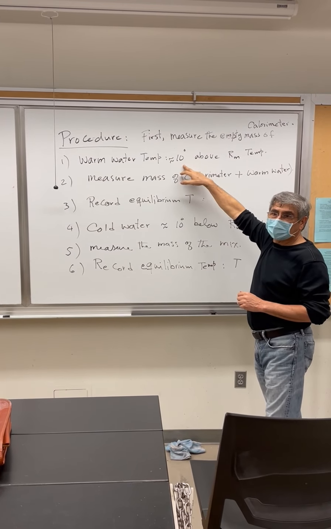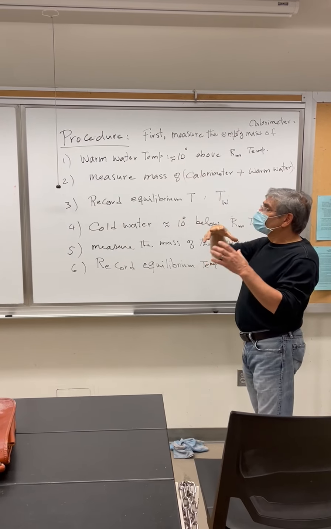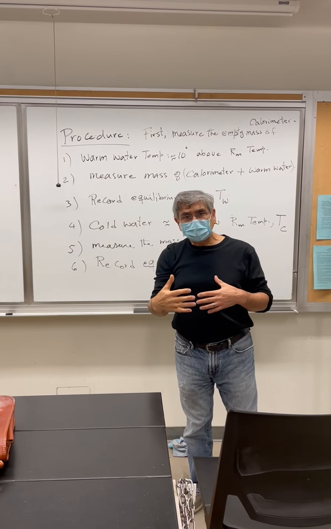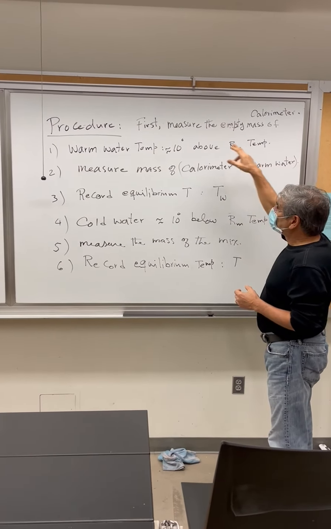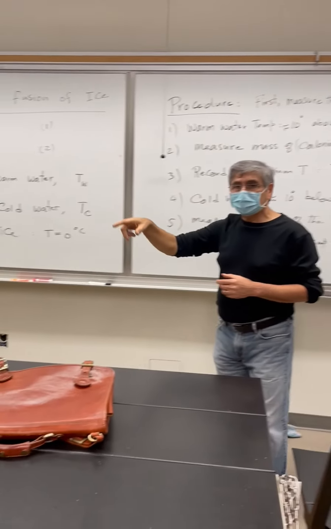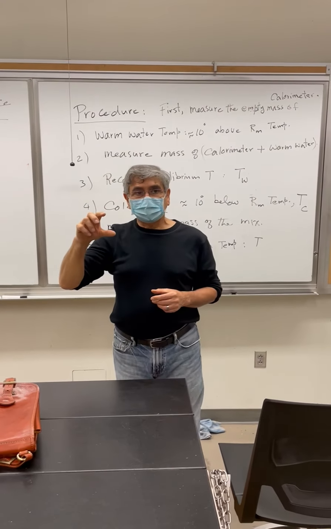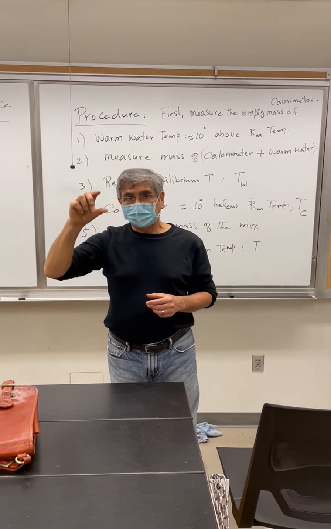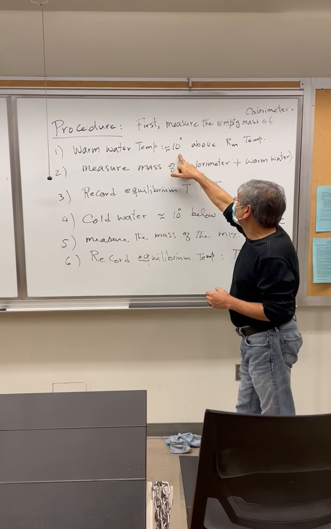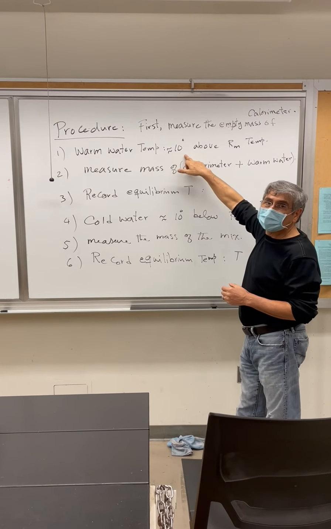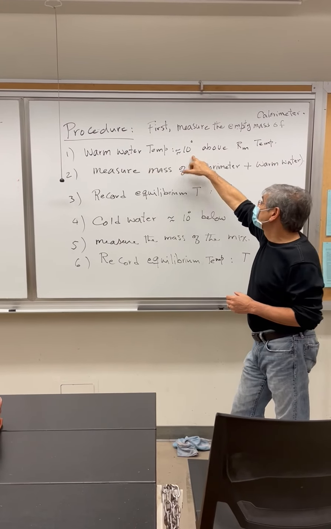We make water about 10 degrees above the room temperature, and we pour that into the calorimeter. We try to make it about 1/3 of the volume of the calorimeter filled with warm water. I will tell you later why 10 degrees above.